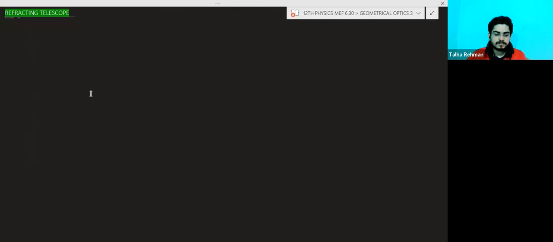One is objective lens, another is the eyepiece lens. But in this case, the objective lens is very large than the eyepiece lens. The eyepiece lens is also large, but if you compare, the objective lens is very, very large.